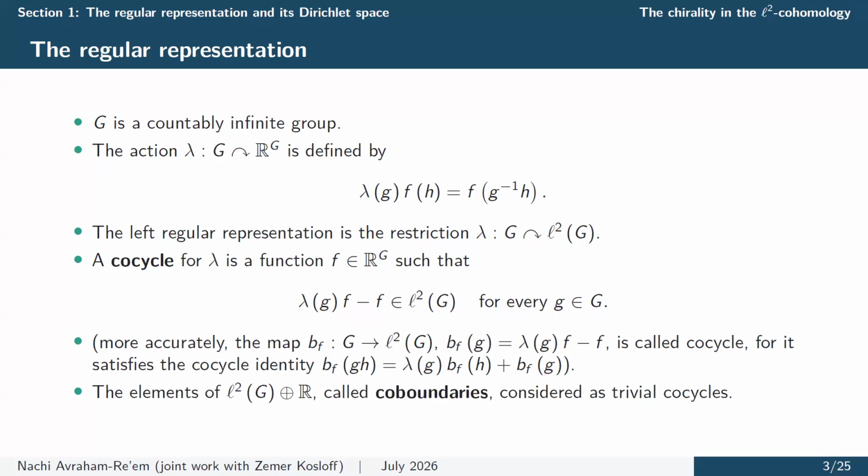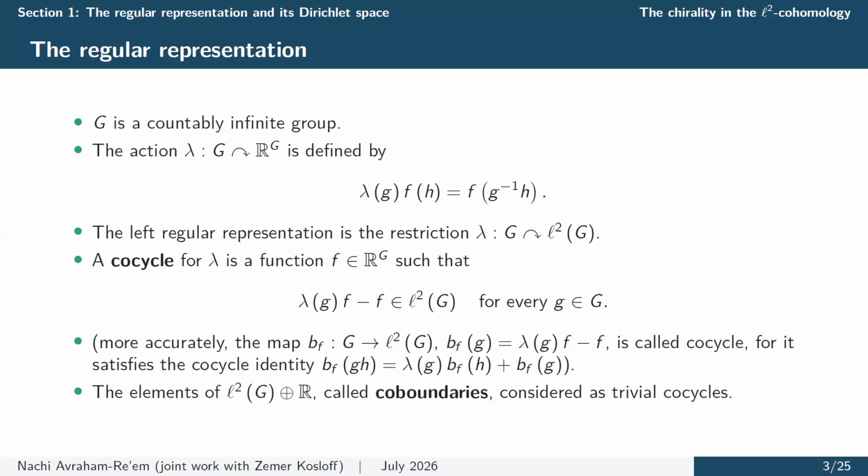And because it is a vector space, of course we can sum these types of trivial cocycles. So we get the space of coboundaries as the space L2 plus R, all functions which are potentially square summable plus a constant. So these are considered trivial cocycles.